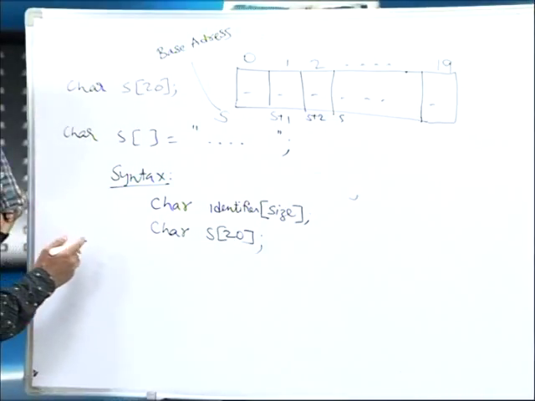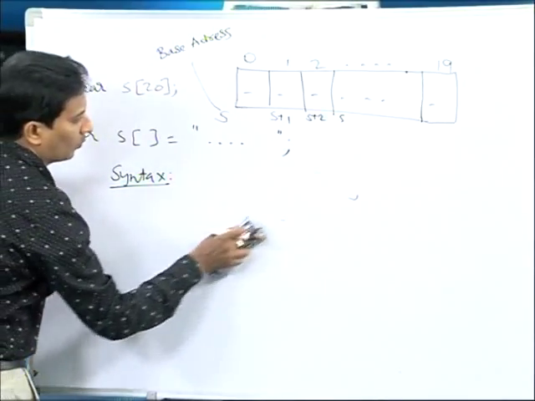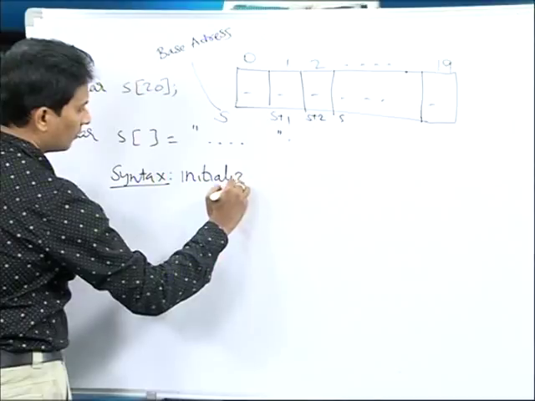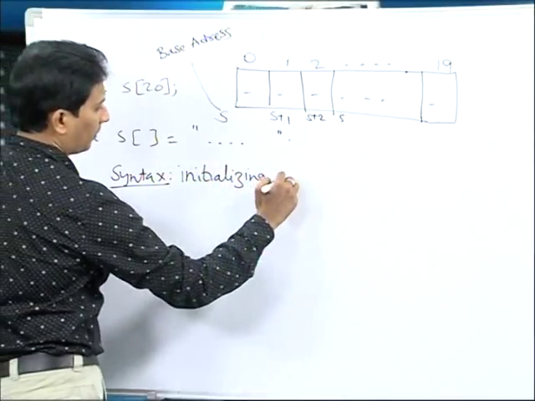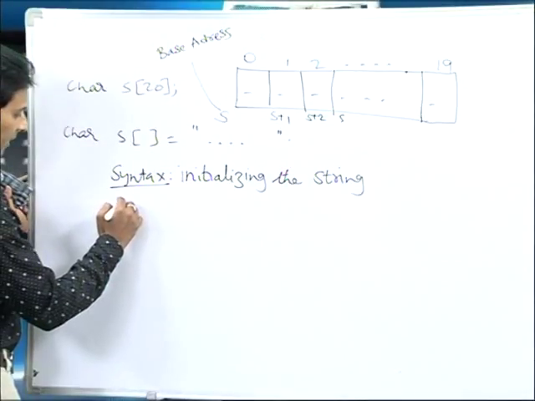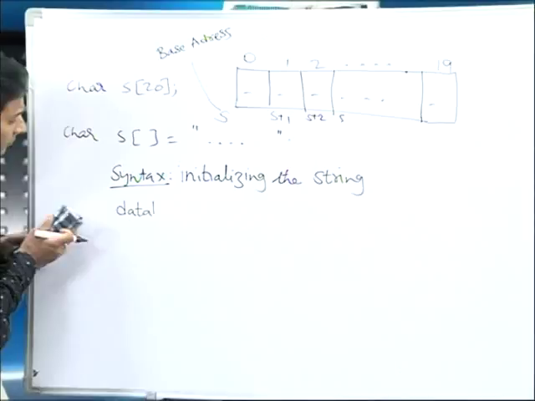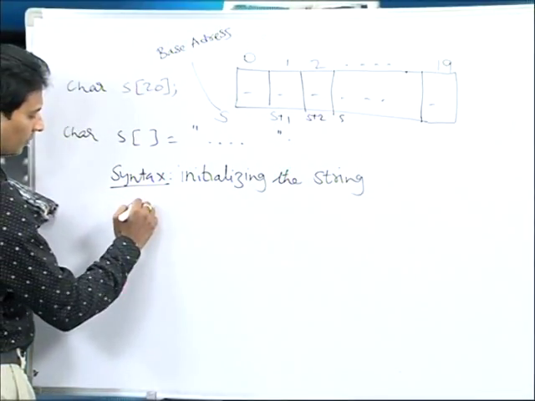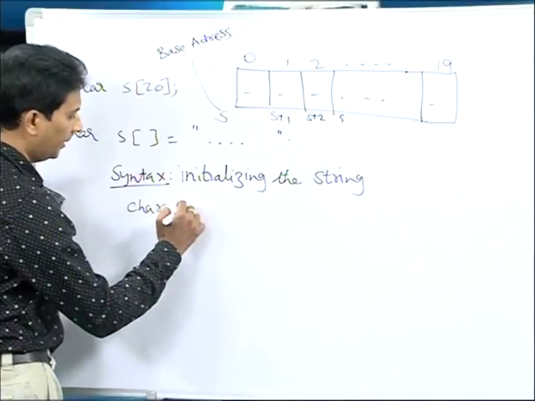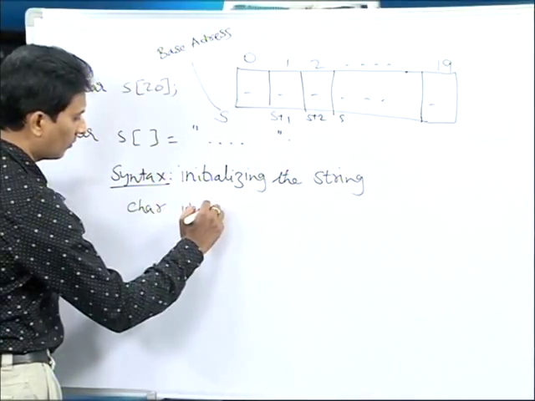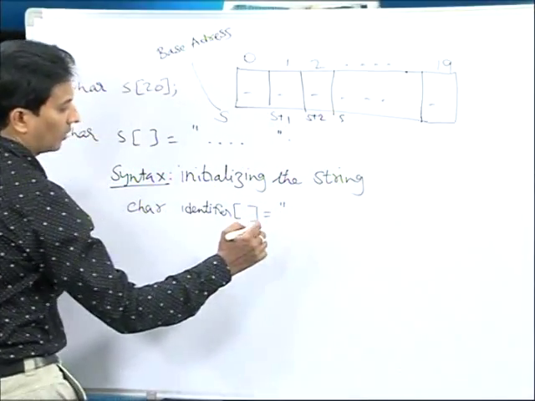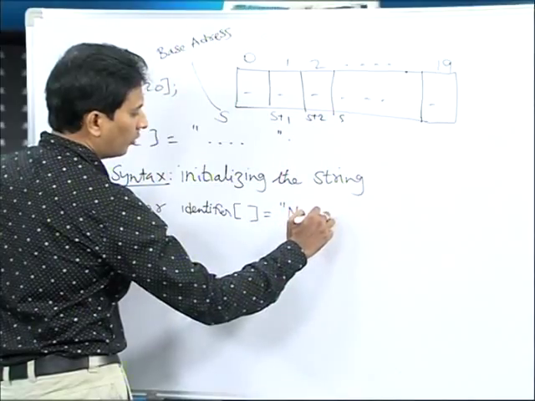Syntax for initializing the string: we go for character only, char, any valid identifier, a string name, empty brackets, equal to, and within double quotes you write the name of the string.